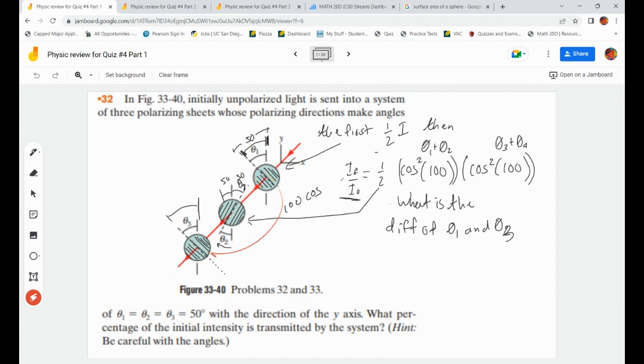So these two have the same angles, but because this equals half and this changes... imagine this: light is going here, and the light is changed into this direction. And over here, when it hits this, the light is changed into this direction. So when it goes here, it turns into this direction. And when the light hits over here, it goes back to this direction. Well, if this wasn't here, and this over here was 90 degrees this way in contrast to this, it would be completely zero intensity.